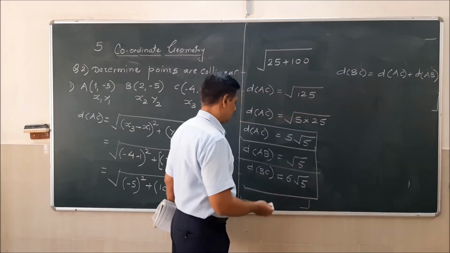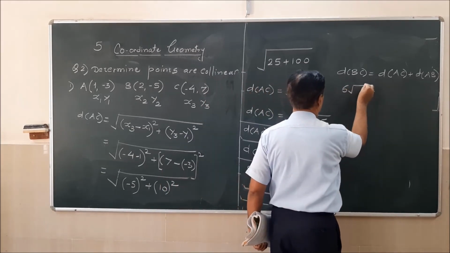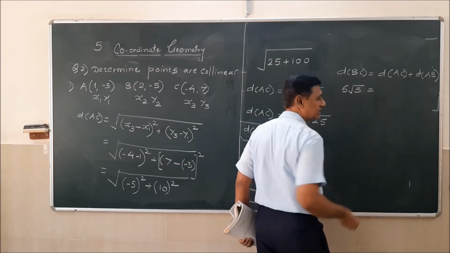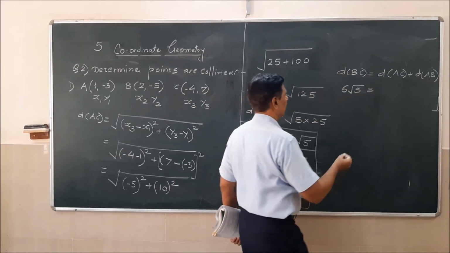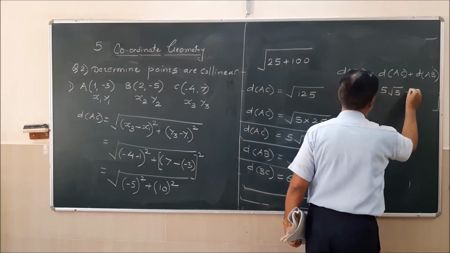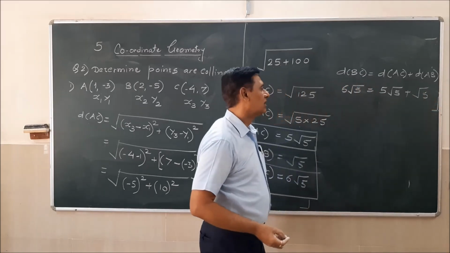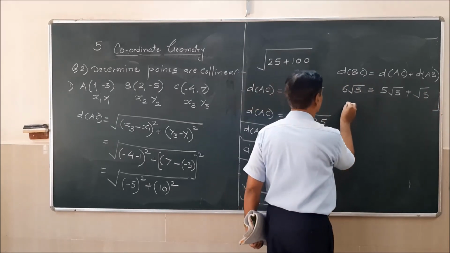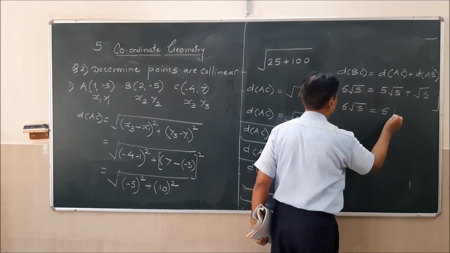Distance BC is 6 root 5, while distance AC is equal to 5 root 5, and distance AB is simply root 5. So we can write 6 root 5 is equal to 6 root 5.